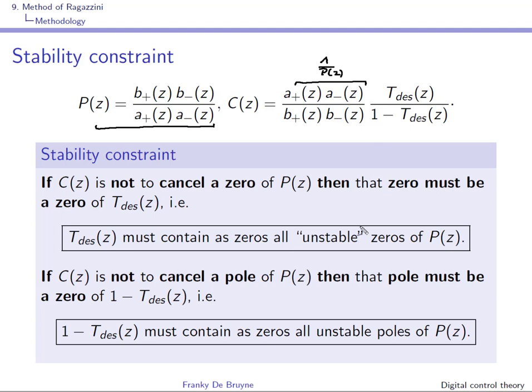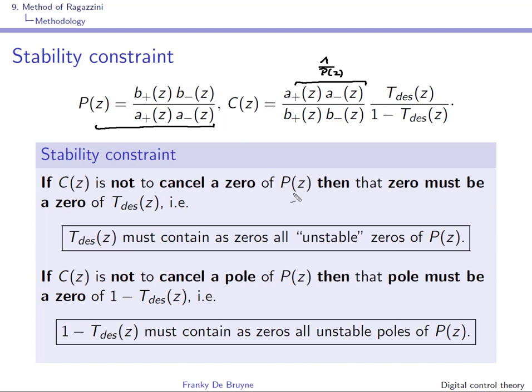And we want to prevent unstable pole zero cancellations, right? So if C of z is not to cancel the zero of P of z, right? Which one do we not want to cancel? Well, this one over here, right?